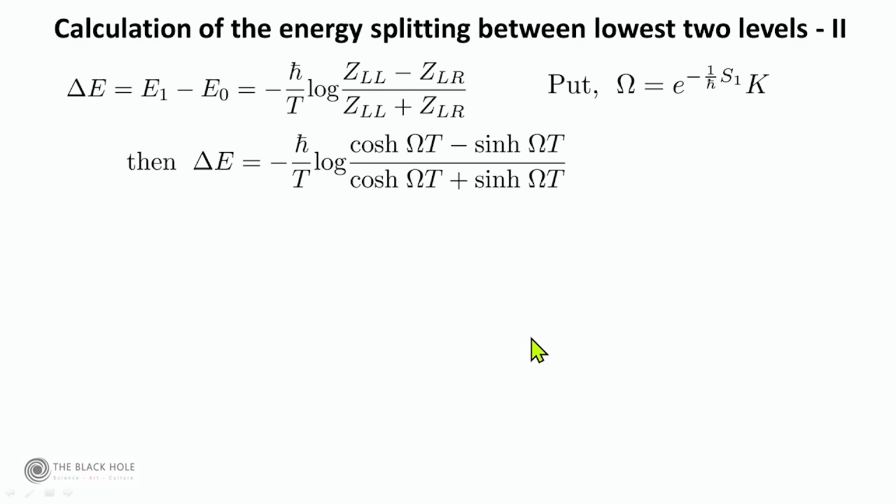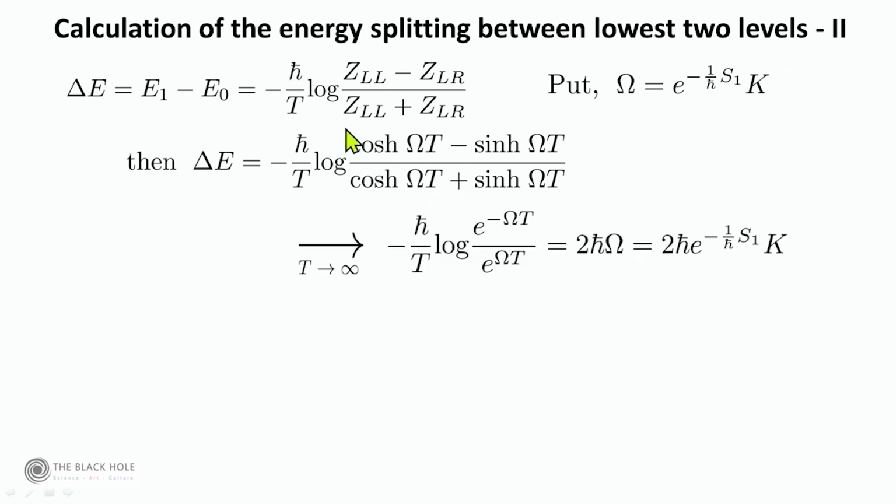So, just to make life a little easier, we'll put omega equal to this thing, the single instanton action divided by h bar, and K as before, and then we have cosh minus sinh and cosh plus sinh. Well, take their difference. This minus this: the positive exponentials here cancel out; here they add up. So I get e to the minus omega t over e to the plus omega t.